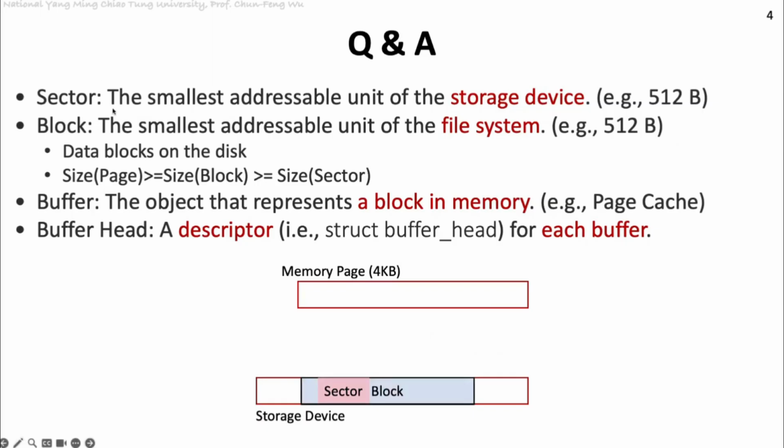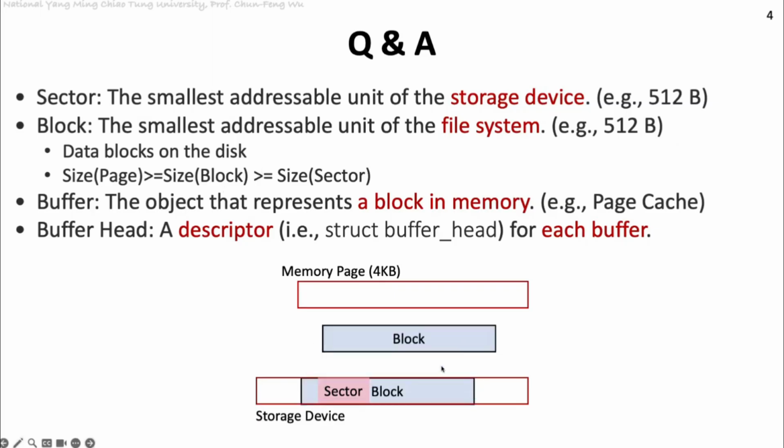Maybe the block terminology is not that familiar, but you might have heard of data blocks when we're talking about file systems, there are data blocks, indirect blocks. Those blocks are the same thing as here. This is also called a block. They are the same. Okay. The size of the block is also fixed, but usually larger than a sector. In current file systems, we usually use 4 kilobytes as a block size, or maybe 8 kilobytes. Okay. So this is called a block.